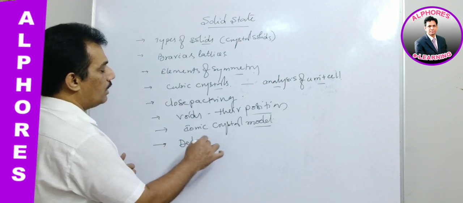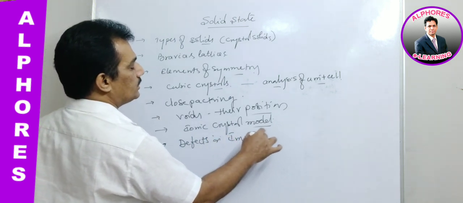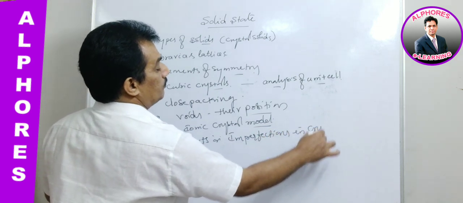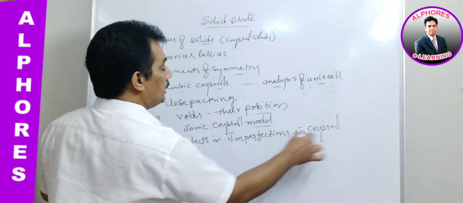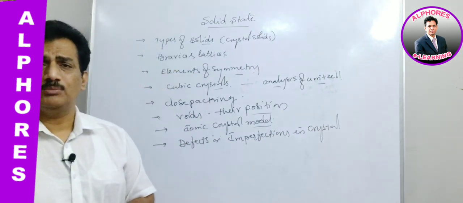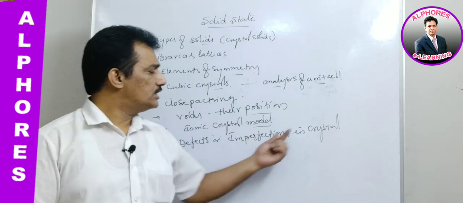Defects are also known as imperfections. Defects or imperfections in crystals, because even though a crystal seems perfect in the orientation or arrangement of the atoms or constituent particles, actually no crystal is perfect.